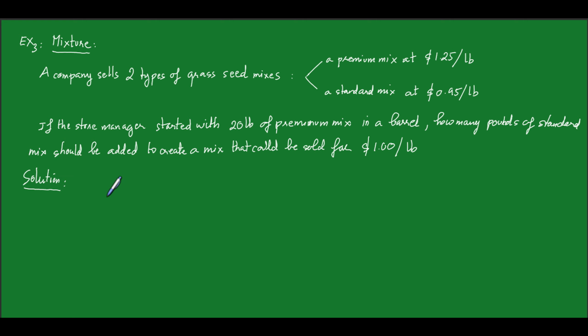The first type of mix, I'm gonna draw something like this. This is the first mix, the premium mix. The store manager starts with 20 pounds of premium mix, so this mix has 20 pounds, and the price is $1.25.